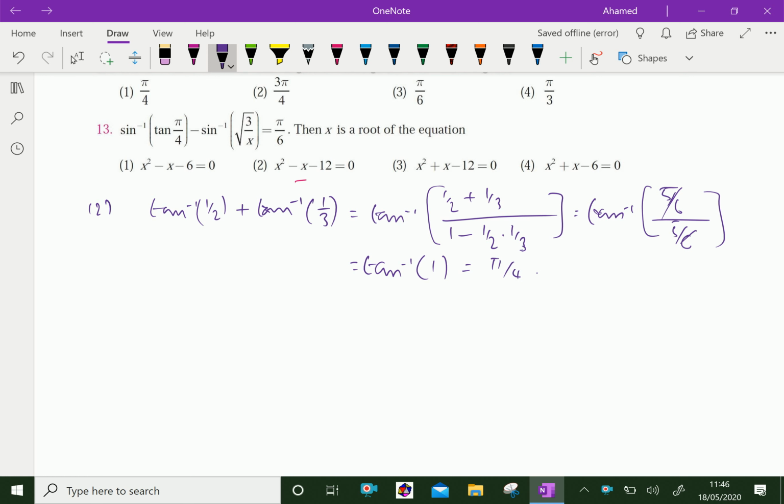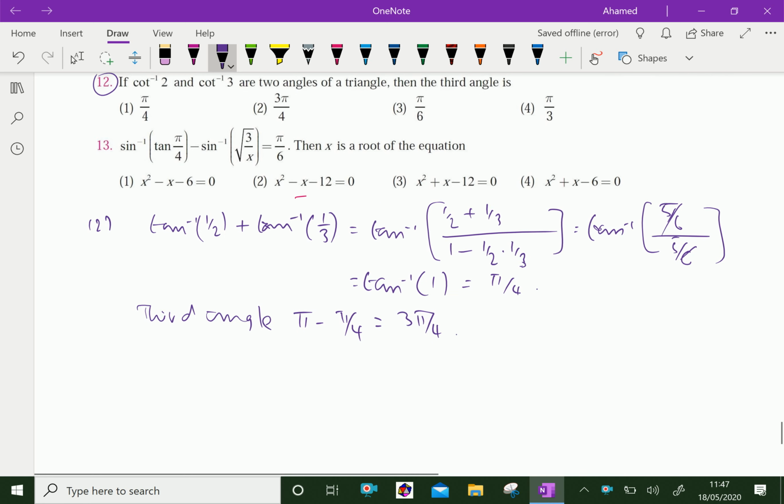Here in any triangle the sum of three angles is pi. Here the sum of two angles is pi by 4, therefore the third angle is pi minus pi by 4 equal to 3 pi by 4, option 2.